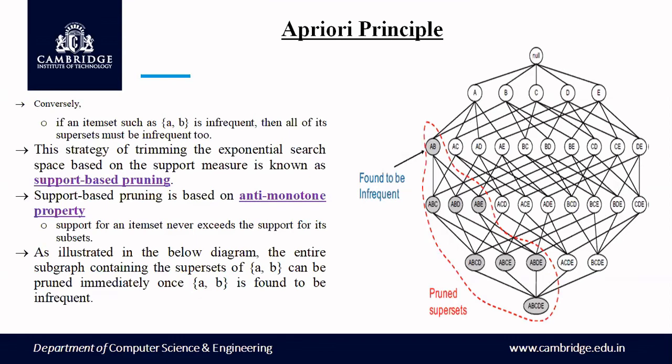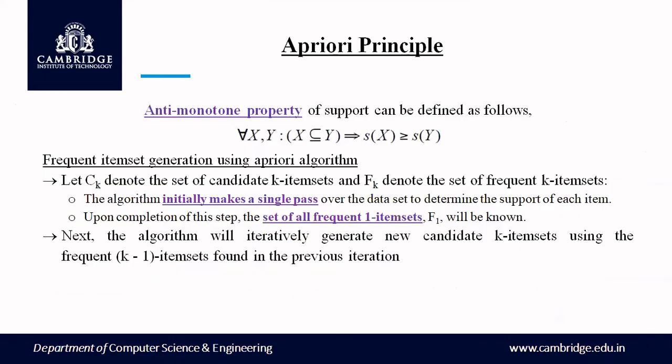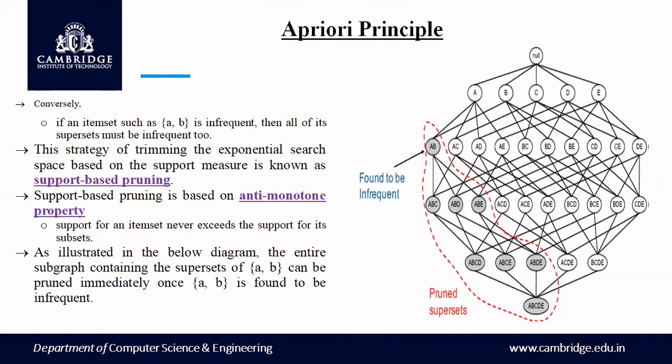So based on the support-based pruning, we start applying the a priori algorithm. What the a priori algorithm does is, first and foremost, it concentrates on generating level 1, meaning candidate 1 item sets. Out of all the candidate 1 item sets, it is going to prune those items which don't satisfy the minimum support threshold. After pruning, by utilizing the left out items alone, we go for generating candidate 2 item sets.